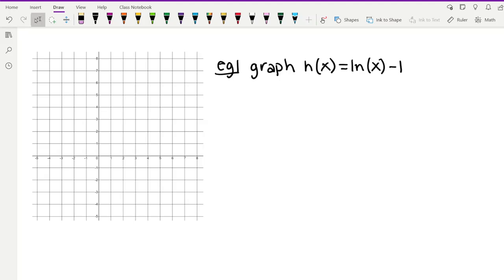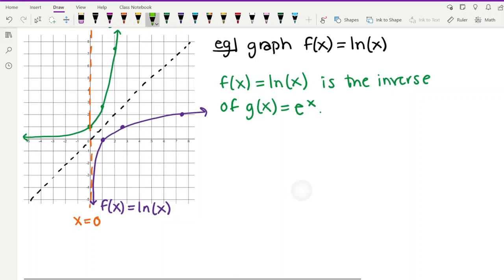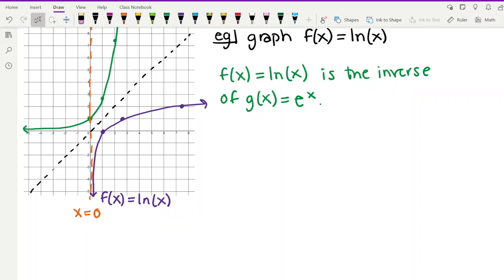Okay, what about this one? So h of x is equal to ln of x, minus 1. So this time, instead of subtracting from x, we're subtracting from ln of x. So that tells us instead of being a horizontal shift, it's going to be a vertical shift. And specifically, we're going to be shifting down 1 unit. And so that means we want to go back to our original function, ln of x, and just move every point down 1.